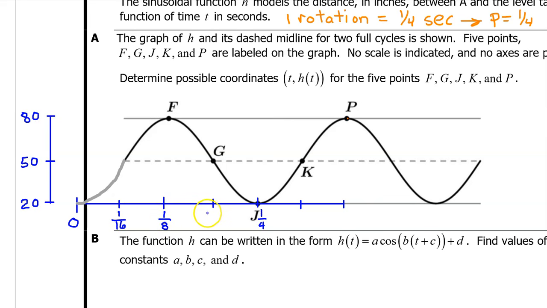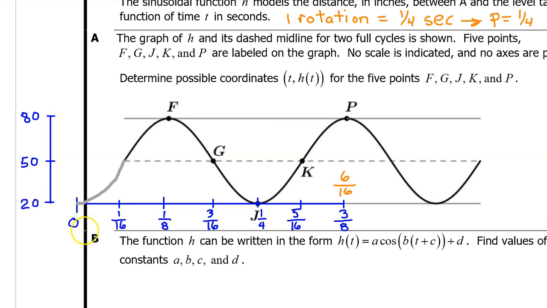The third value will be 3/16. The fourth value is 4/16, which reduces to 1/4. The fifth value will be 5/16. The sixth value will be 6/16, which reduces to 3/8.